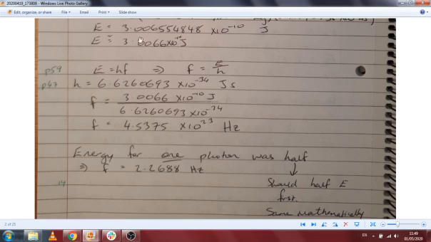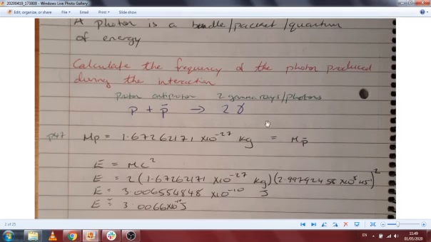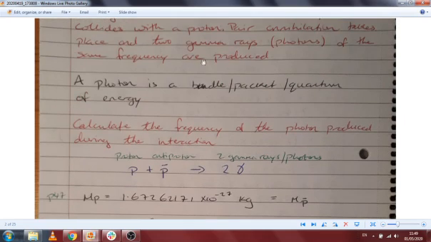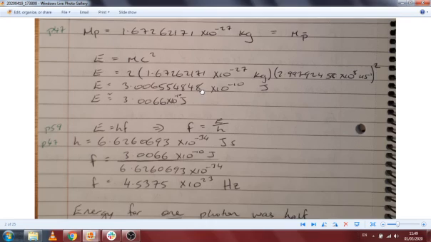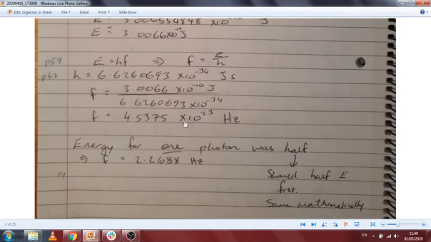So I take my overall energy produced and I divide it by Planck's constant, and that gives me a combined energy of light of frequency this. I didn't split the two up, but I am told in the question that two rays of the same frequency are produced. So I could take this frequency here and then split that in two. That's the combined frequency.